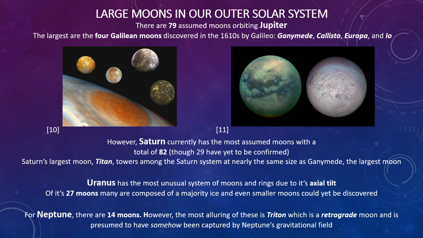But the most exciting moon of Neptune is Triton, which is a retrograde moon and is presumed to have been somehow captured by Neptune's gravitational field. So the exact way that a moon could be captured by the gravity and enter these orbits is still not well understood.